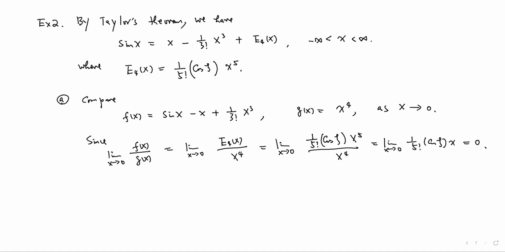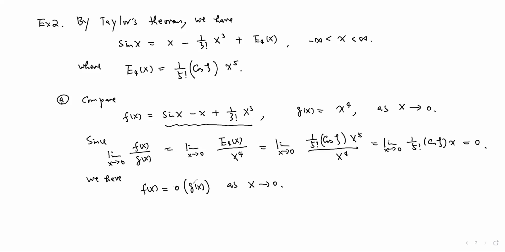Because their ratio approaches 0, function f is little o of function g. Important, say that as x approaches 0. As x approaches 0, function f is little o of function g.